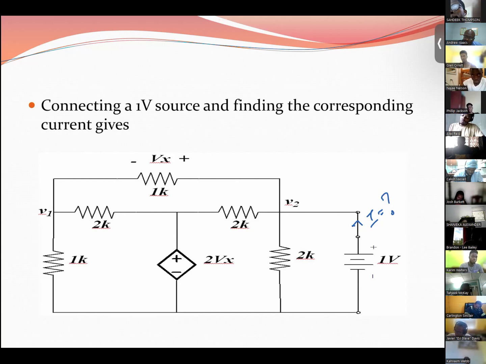Again, there's no point in us trying to find, let's call that VA, because VA would be equal to 2Vx. So we can leave that one out. We know it's equal to 2Vx, the potential at that point. So let's write the nodal equation.